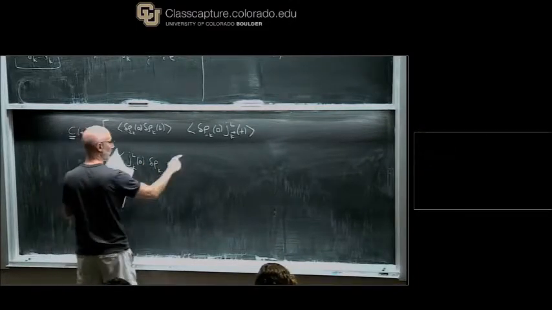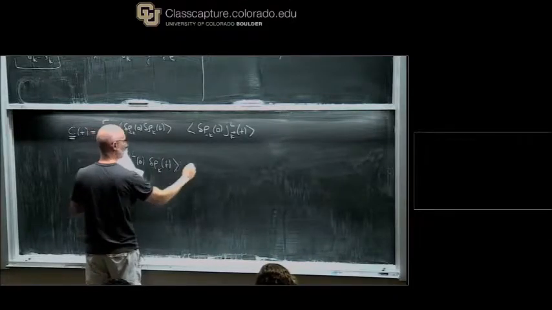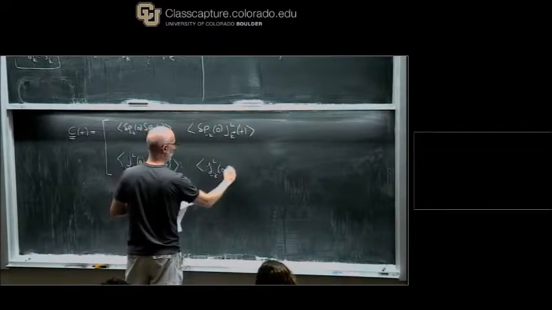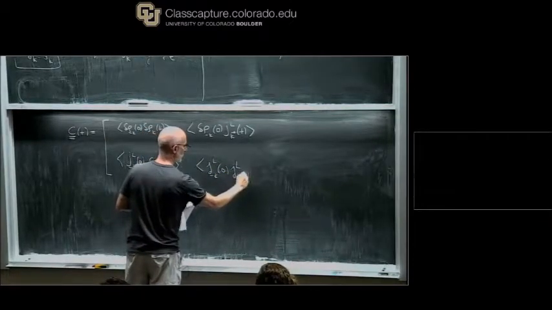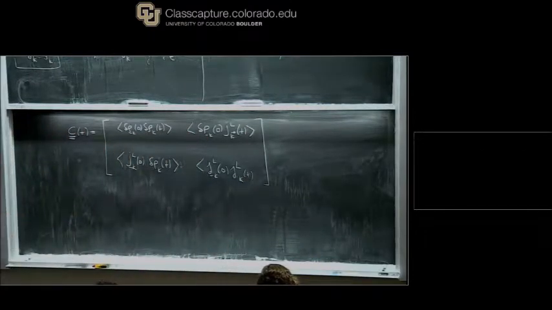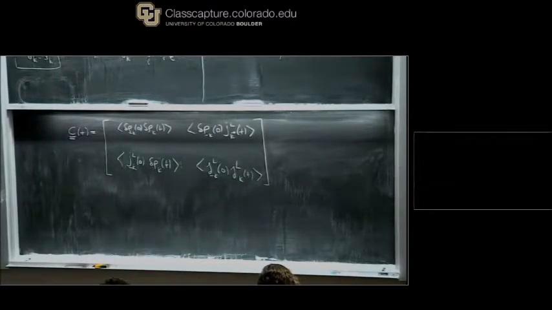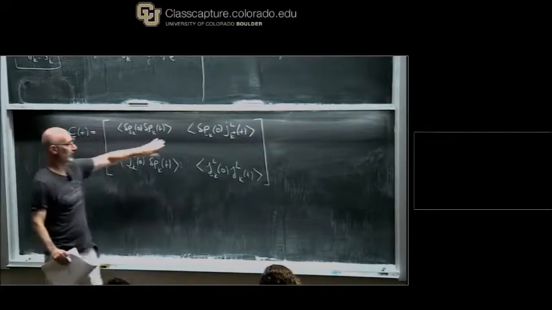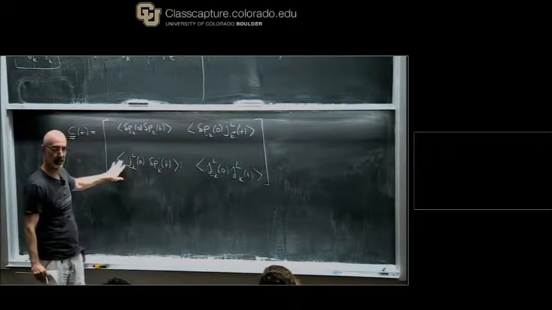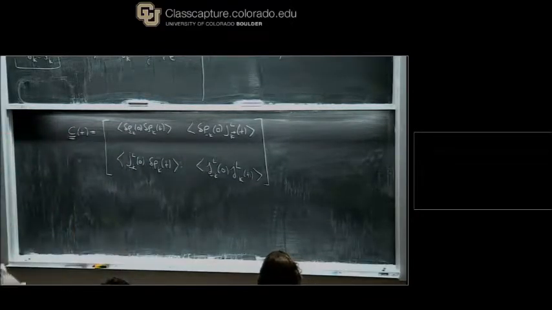It should be minus, minus. Okay, so that's our C of t matrix, and there's a missing bracket here. So this is f, and this is proportional to the first time derivative of f, and this is the second time derivative of f.